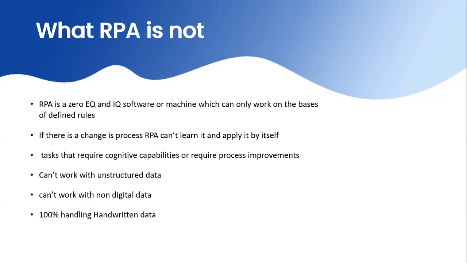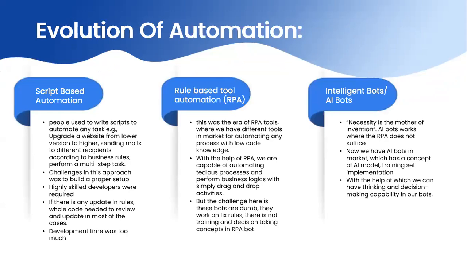Okay. Now understand the evolution of automation: how automation came into existence, to today, where we are using intelligent bots or AI bots, robots with a brain. First we used to have script-based automation.